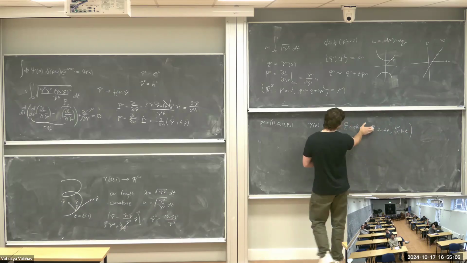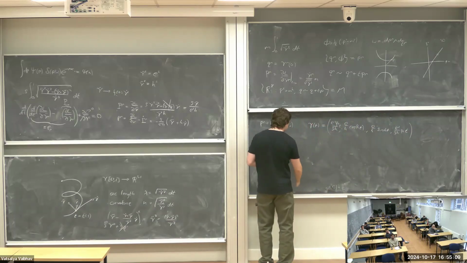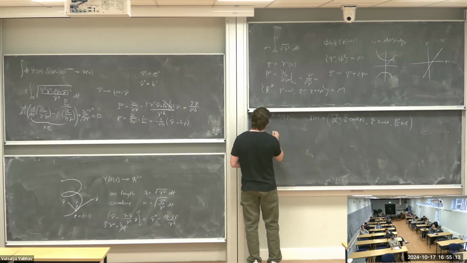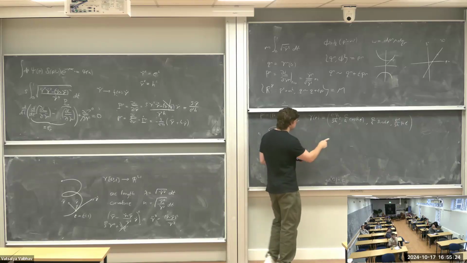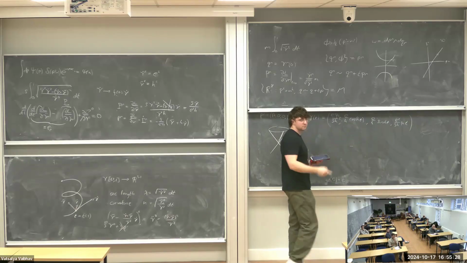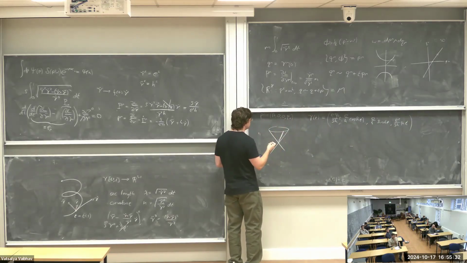So if you ignore the middle two pieces, this is just a null geodesic. This is just tracing out a line. This is my light cone. This is just describing a null geodesic somewhere on this cone. But these extra two pieces tell you that you're rotating around it. This is describing a helix, which is wrapping around a null geodesic.